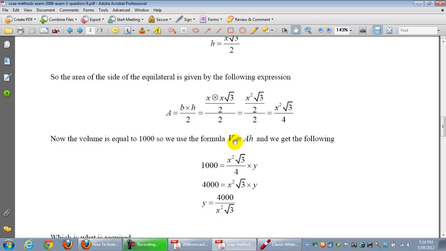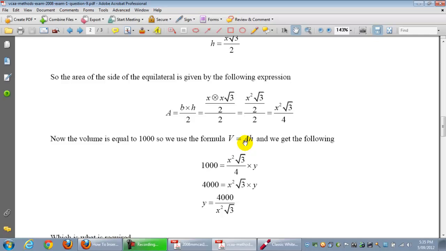We use this formula, and you might be asking yourself, I'm not familiar with this formula. This is something you would probably have learned in year 10, but it's a formula that keeps appearing often in VCE methods exams. So if you just commit it to heart: volume is equal to area times the height, the distance between the two ends. We know what the volume is, it's 1000.